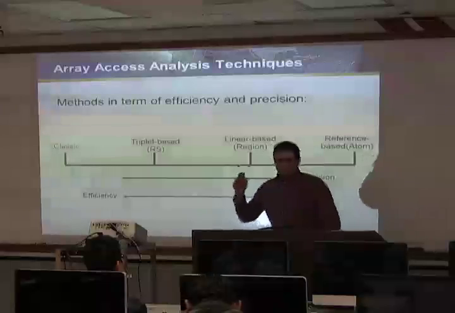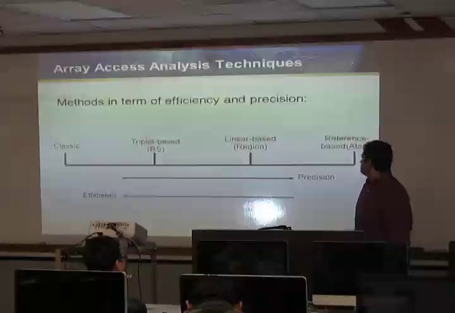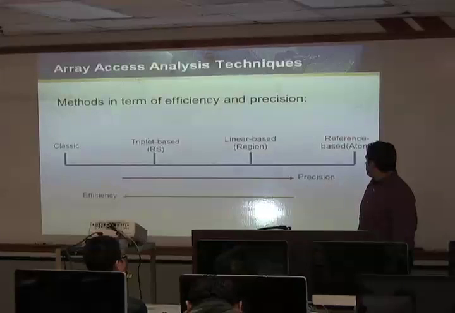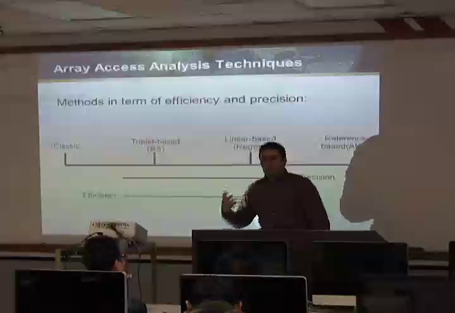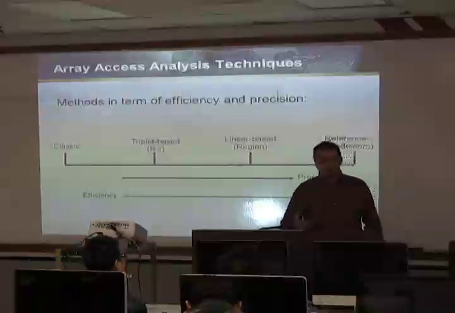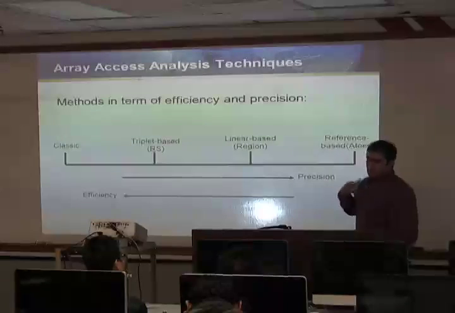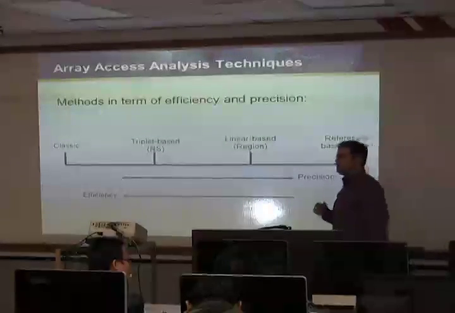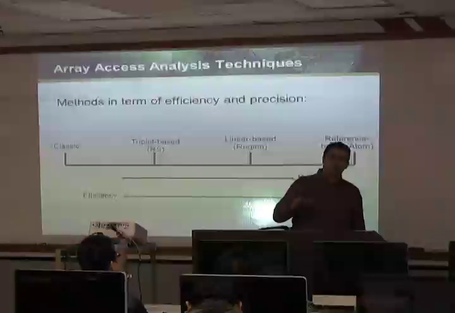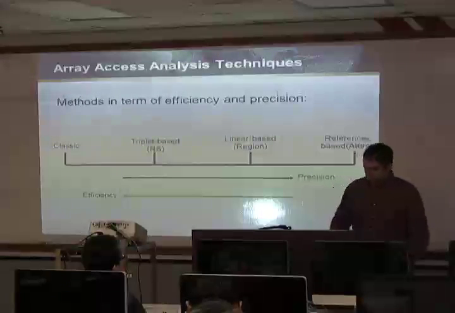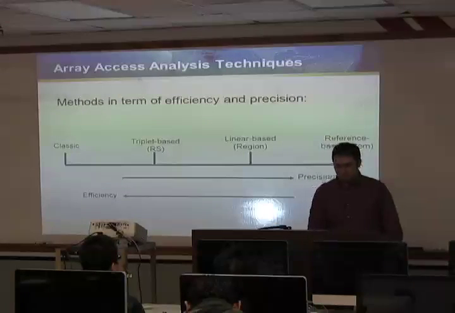It depends on the subscripts of arrays to construct linear equations that can be solved, and it's more accurate than triplet computation because it can handle some non-rectangular shapes. And the last one is reference-based, which is the most accurate one because it maintains information about all references to each element in that array. But this is at the expense of the storage that is needed.